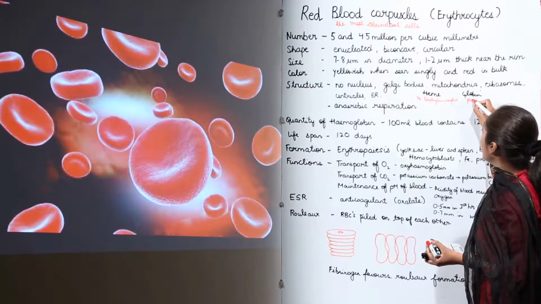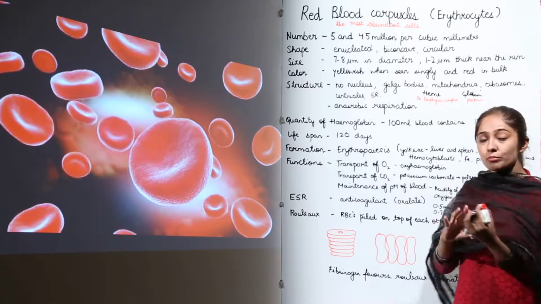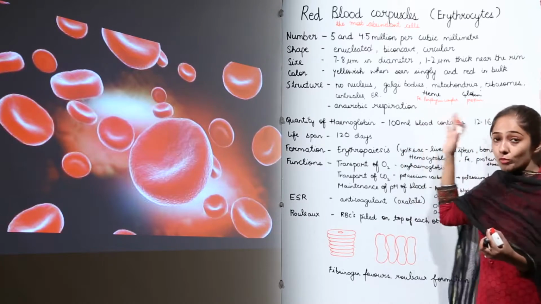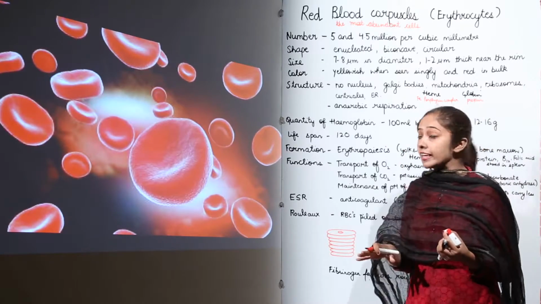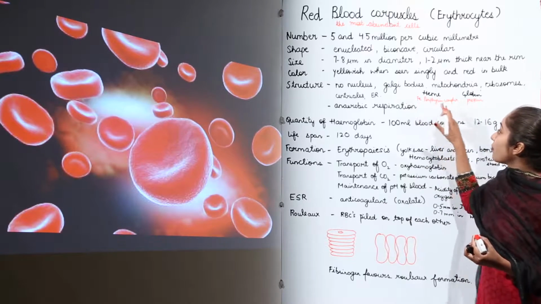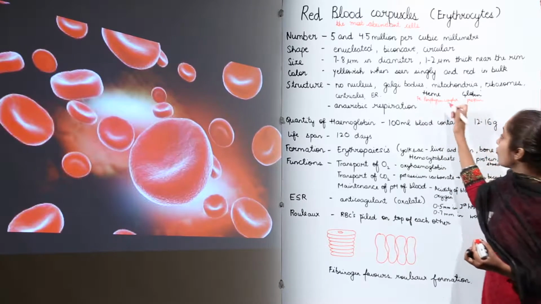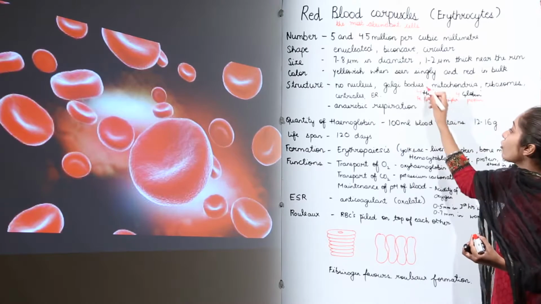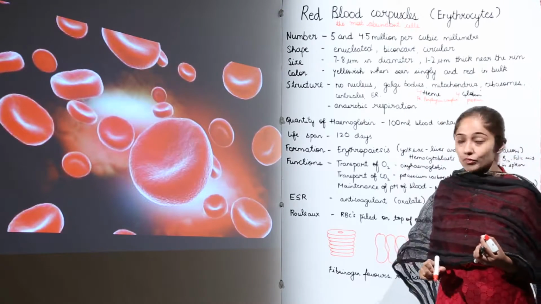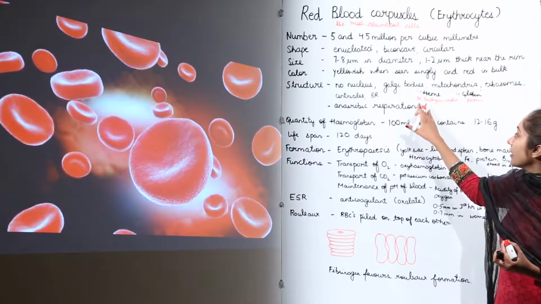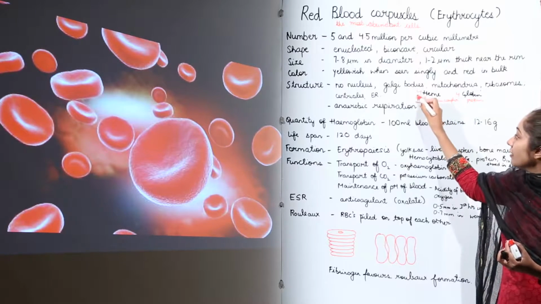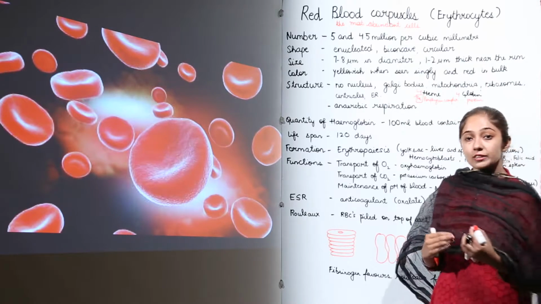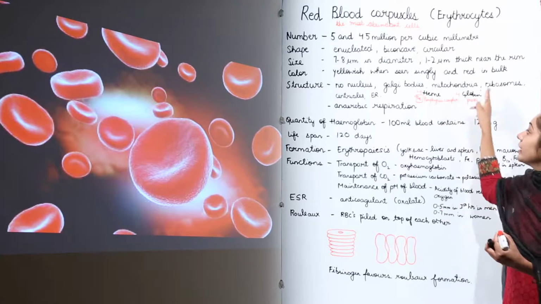I am just trying to help you imagine hemoglobin, as we will not work on the structure of hemoglobin at this stage. Heme is an iron porphyrin complex and globin is a protein. So 4 heme molecules, which are iron porphyrin complexes, meaning they have iron in the center, combine with 4 globin molecules, which are proteins, to form the hemoglobin molecule.